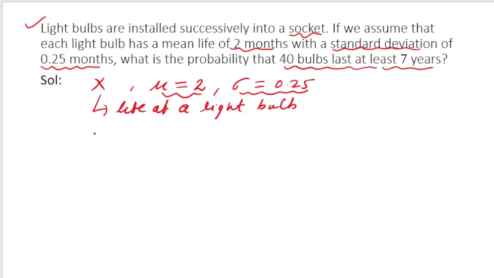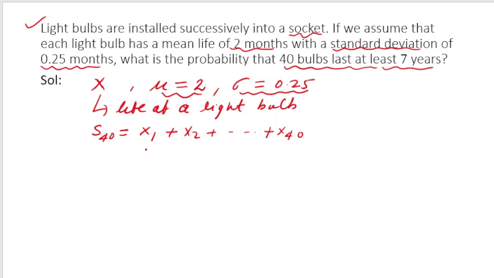Now you have bought 40 light bulbs, so let me call this S40, and suppose the first light bulb is represented by x1, the next is x2, and so on up to x40, right? Each of these light bulbs has an expected life of 2 months and a standard deviation of 0.25.